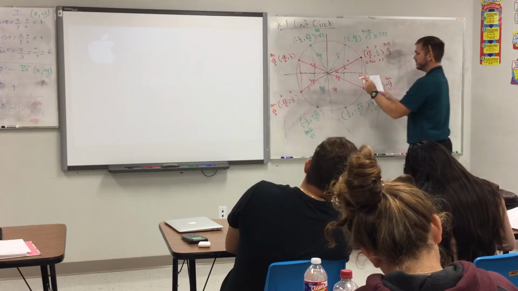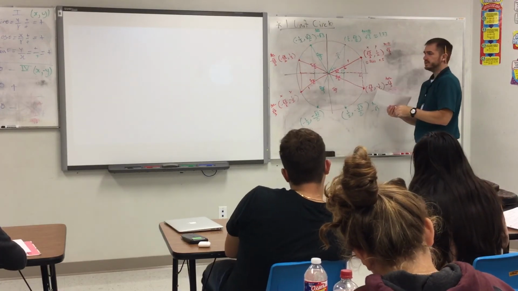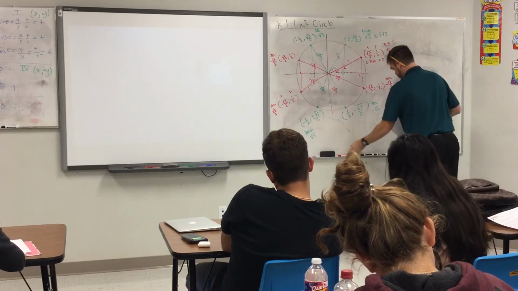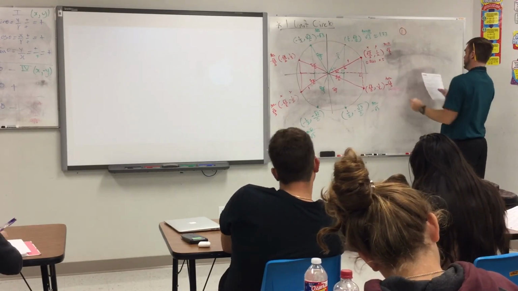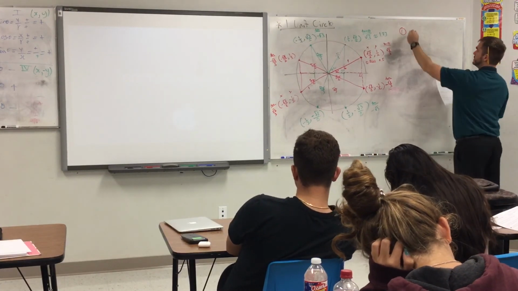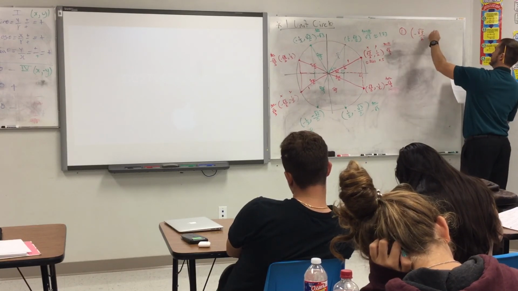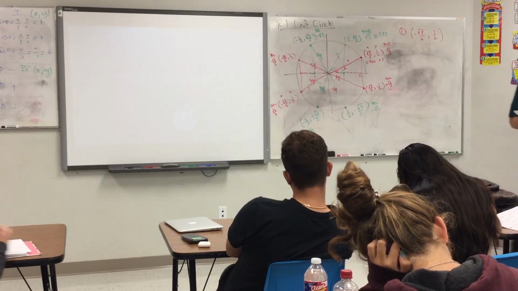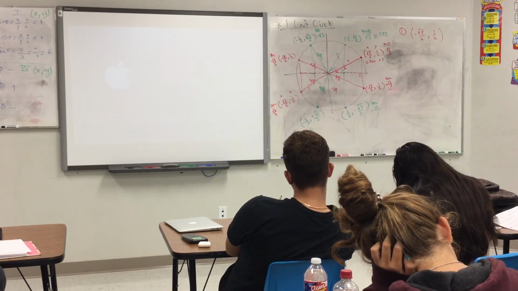They're looking for the terminal point. That's this guy right here. They just want that coordinate. Number 1, the terminal point on the unit circle determined by 5 pi over 6 radians is negative the square root of 3 over 2, 1/2. That's the answer to number 1.